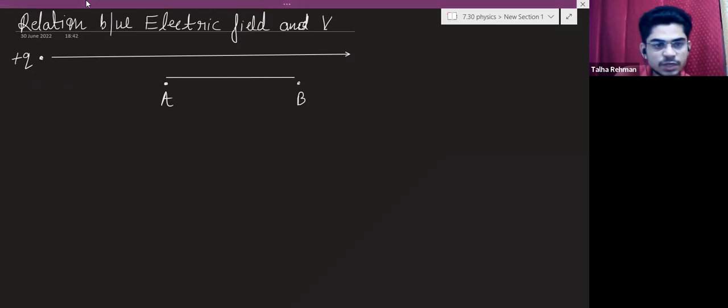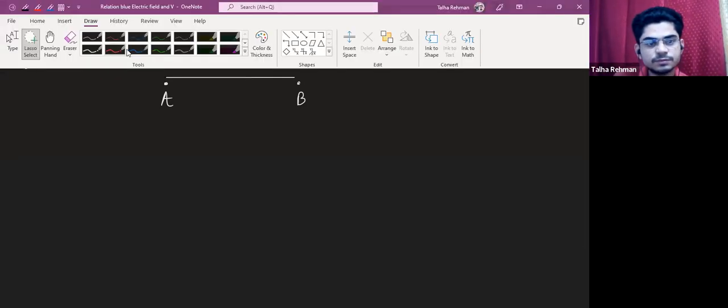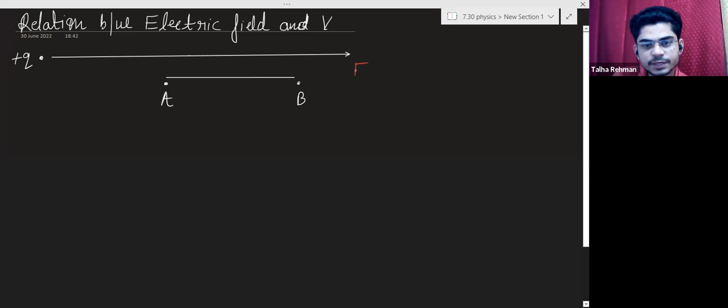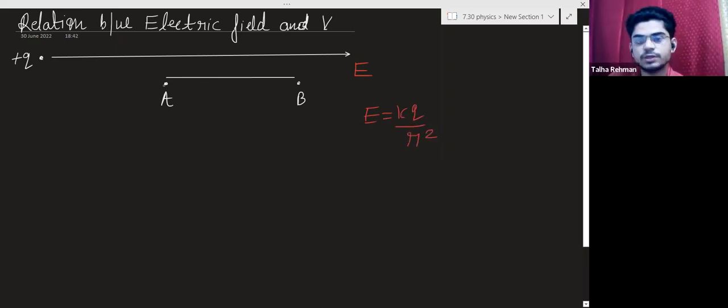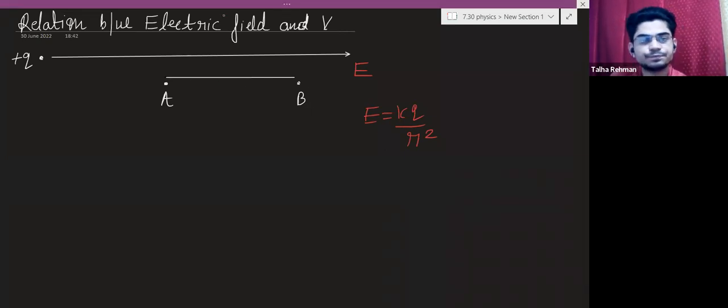So due to this charge, there will be the electric field, and I am representing electric field with E. And we also know about the electric field, what is the formula for electric field? KQ by R square. Do you remember? Yes, sir, last class you told me. Yeah, KQ by R square. So this electric field is variable, means electric field is changing from A to B.